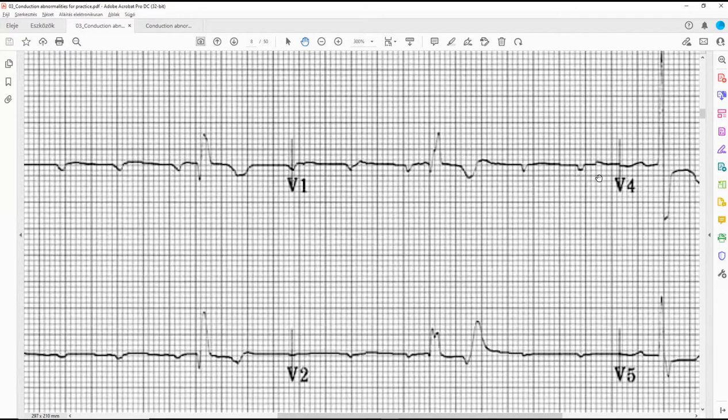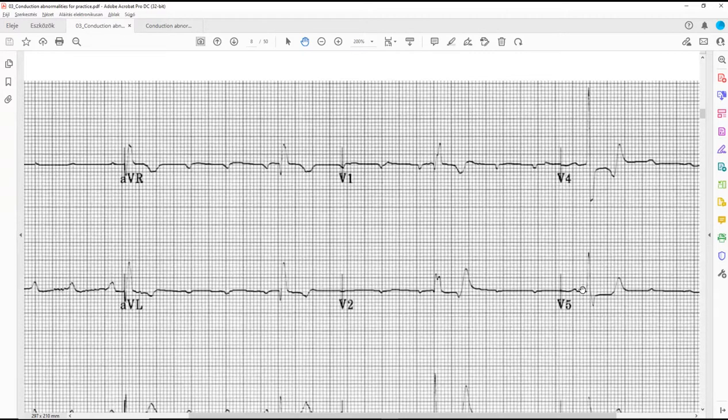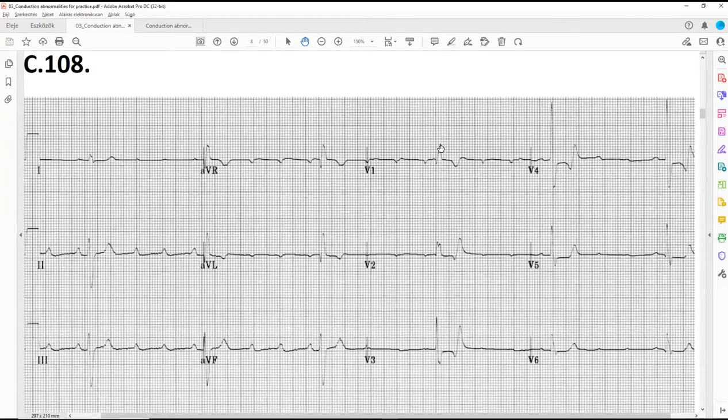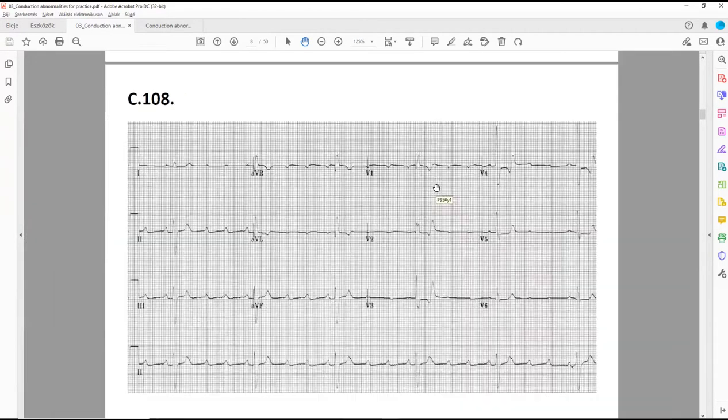Yes. And in V1 you see this RSR complex. What does it mean when we have an RSR complex in V1 and a deep S wave on the left side? That's a right bundle branch block.